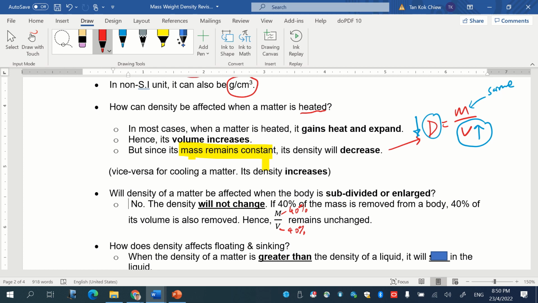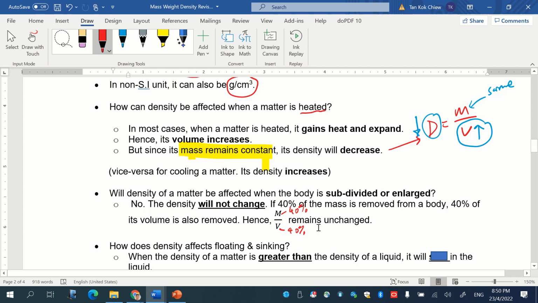There will be no change. Some explanation goes into the definition: density is measured by mass per unit volume. I don't care how you subdivide the metal, we are still looking at per cm cube of the metal. So it will always be the same.